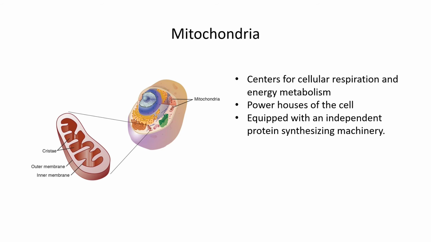The internal chamber of the mitochondria is referred to as the matrix or mitosol. The mitochondrial matrix contains a circular double-stranded DNA, RNA, and ribosomes. So, the mitochondria is actually equipped with an independent protein synthesizing machinery. It is estimated that about 10% of the mitochondrial proteins are produced in the mitochondria.